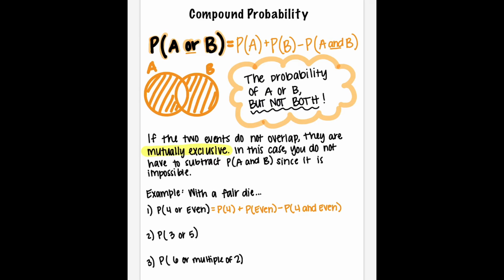Okay, well, the probability of rolling a 4, if you have a fair die, that means that it has 6 sides, right? So the probability of rolling a 4 is 1 in 6 plus the probability of rolling an even number. So even numbers between 1 and 6 are 2, 4, and 6. So that's 3 out of 6.